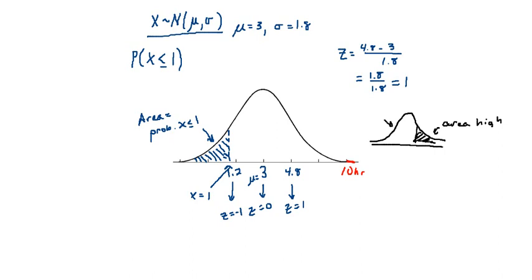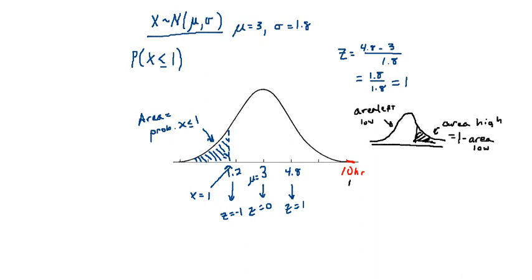The thing to realize is that in Excel and on our table, we always get the area that is to the left, the low area, right? That's what we calculated when we did this. We just got it to the left because that's what Excel does. But if we want it to the right, we have to take 1 minus the area to the left to get that probability.